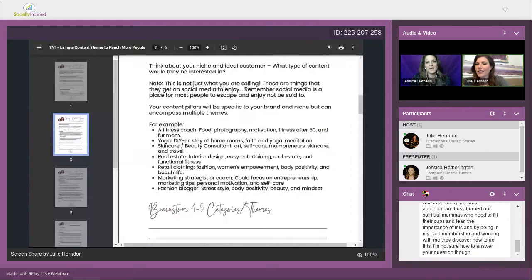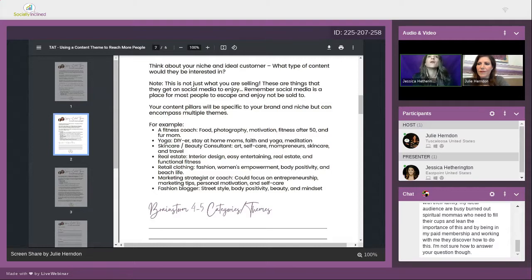Perfect. So we put some examples out here. You guys can read them just as well as I can read them off to you. But as you'll see, it's very similar to what I just highlighted in Kristen's example. Only one or two of them are going to be specifically about how you monetize yourself. So, real estate, it's not just about their real estate products. There are also other things that complement it. And maybe there's even one that's a wild card, like functional fitness, that has absolutely nothing to do with real estate or buying or selling a home.